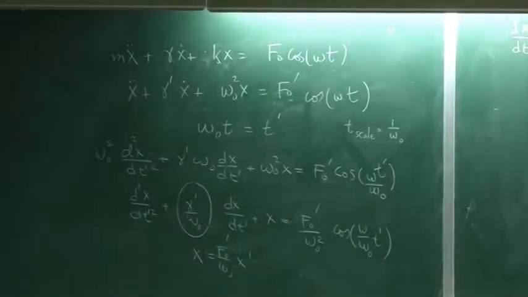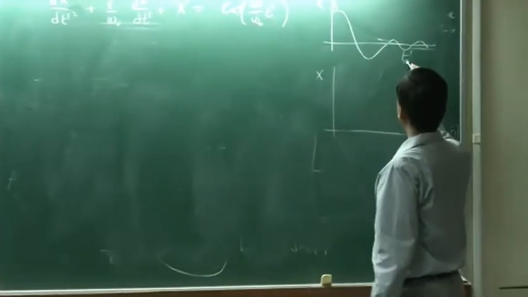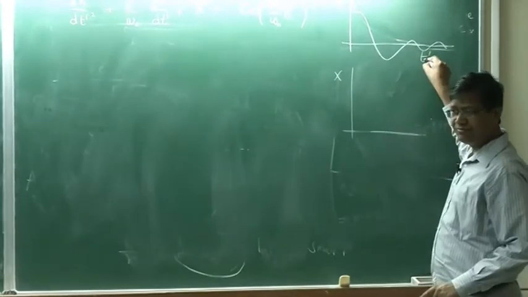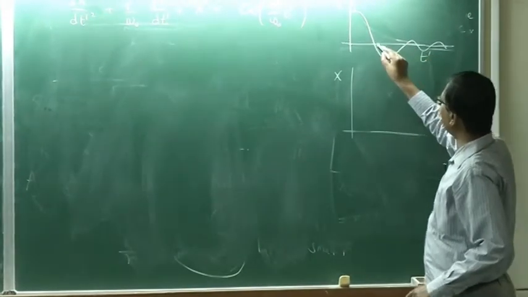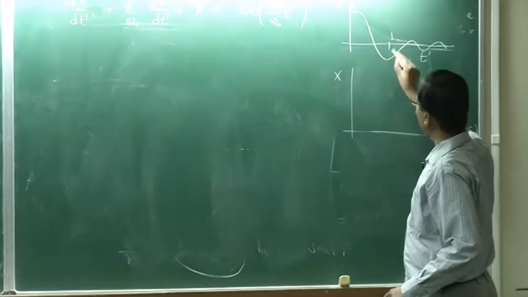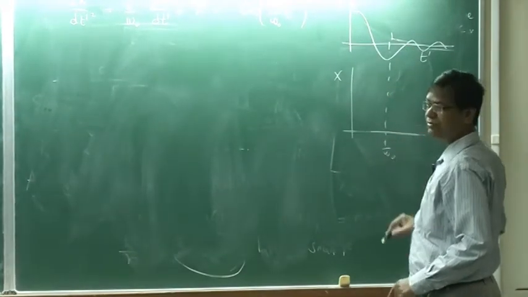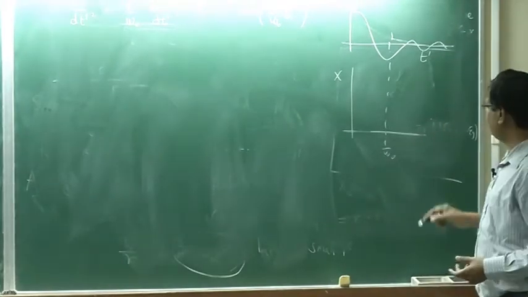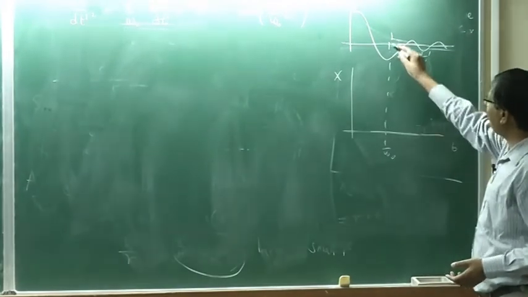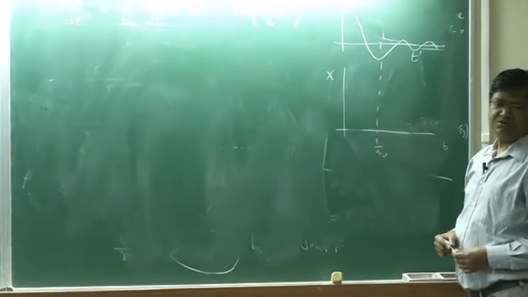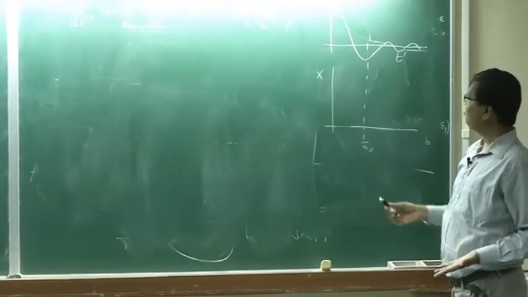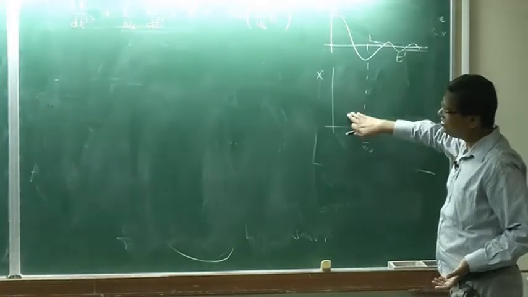There will be x here, and t prime should be replaced by t. When I say 1 here, what does this 1 correspond to? 1 by omega naught. So on the time axis, everywhere there is 1 should be replaced by 1 by omega naught. That is it. So if you solve this problem, you have also solved the original problem.